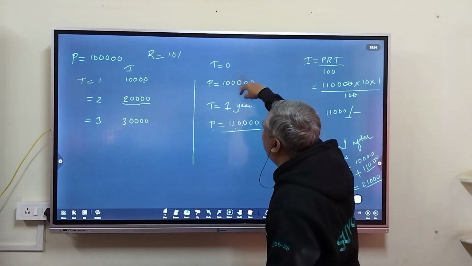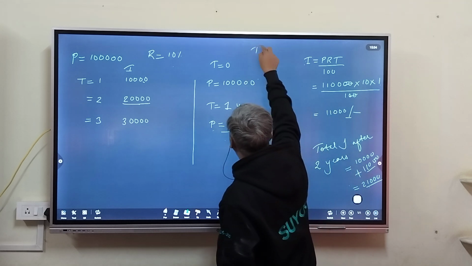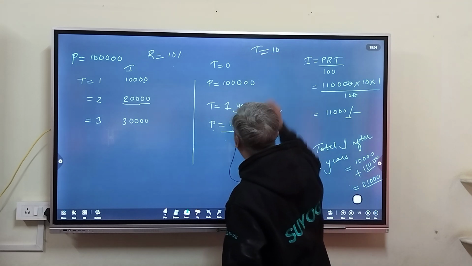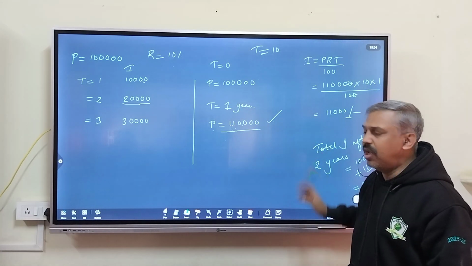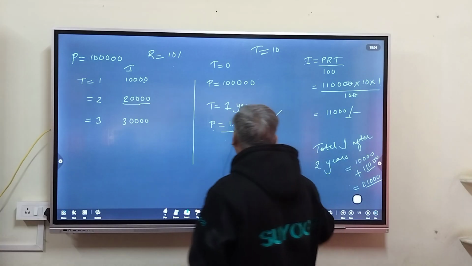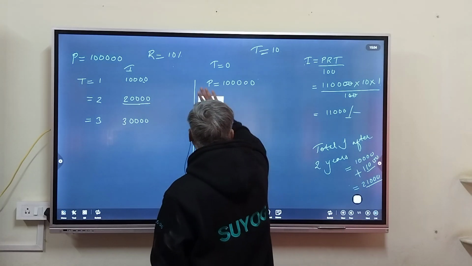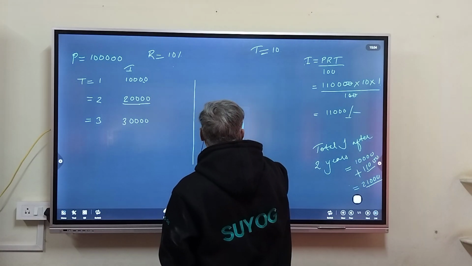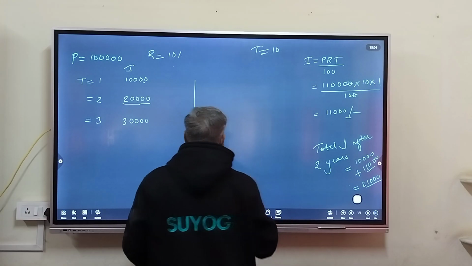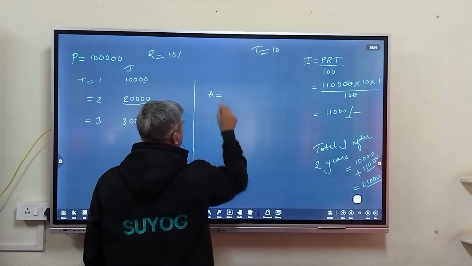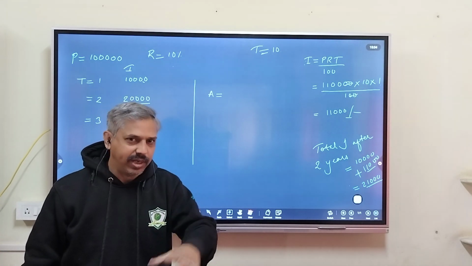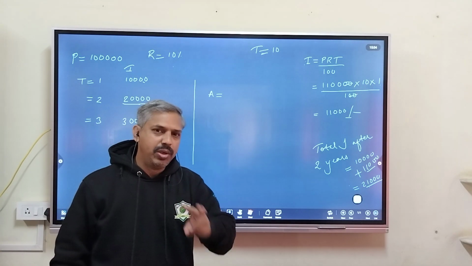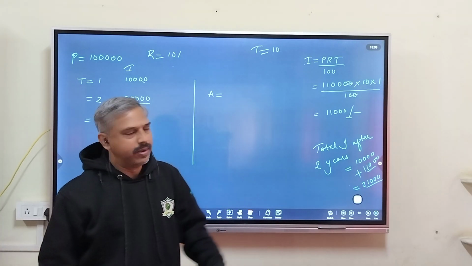If the loan is taken for 10 years, are we going to calculate it 10 times? First year, second year, third year? No. We'll have a formula which will give the compound interest directly. And that formula is like this. Please kindly pay attention to the formula. A is equal to the amount that you have to pay right at the end of the loan tenure. Whatever the tenure is, it can be 1 year, 2 years, 3 years, 4 years, 5 years, whatever.